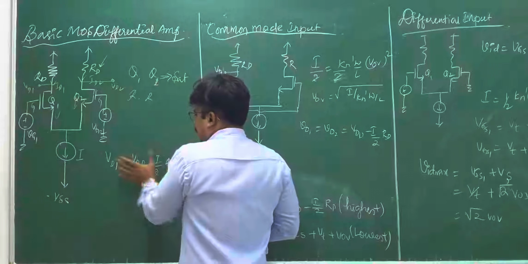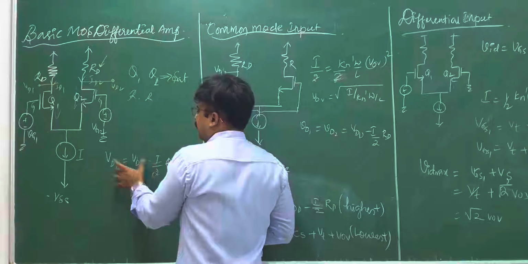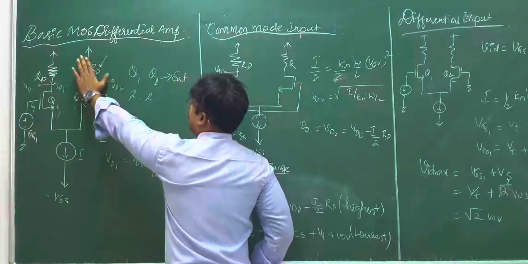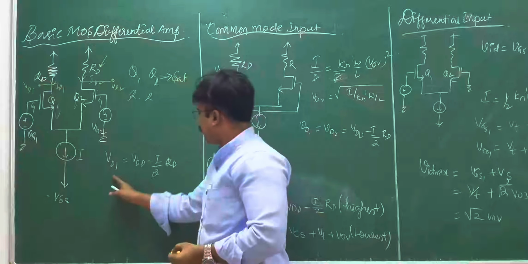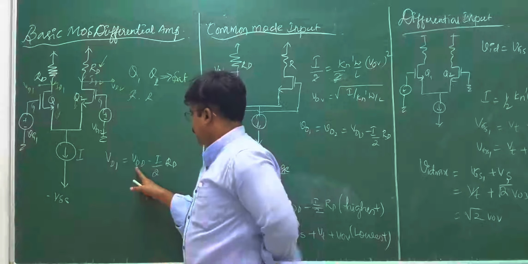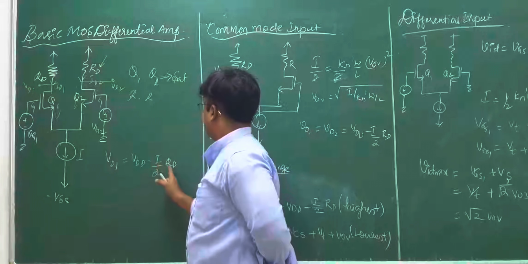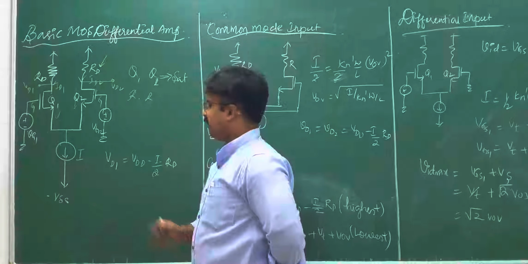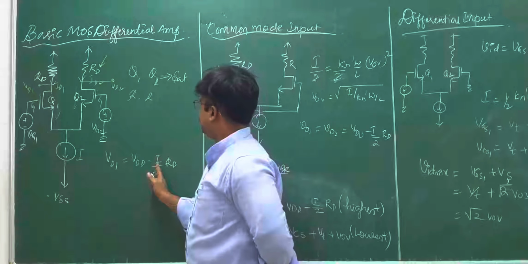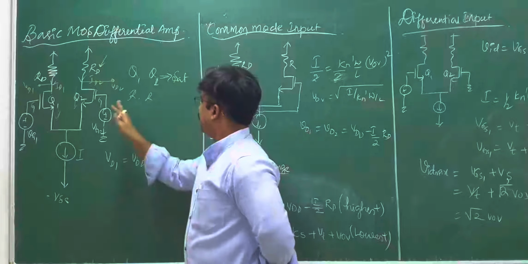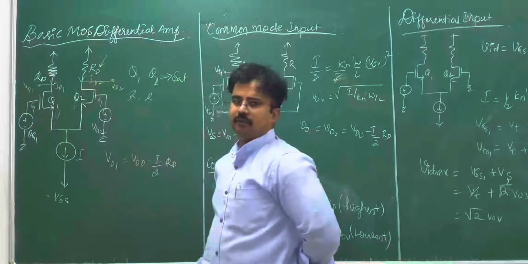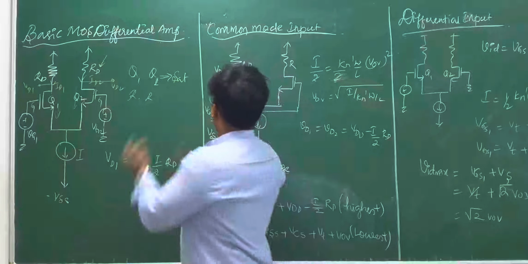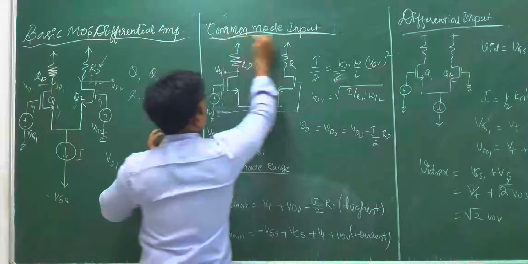Here I by 2 is ID1 for the first transistor and ID2 for the second transistor. Coming to the common mode, what is this common mode?